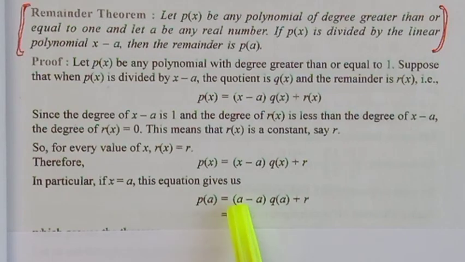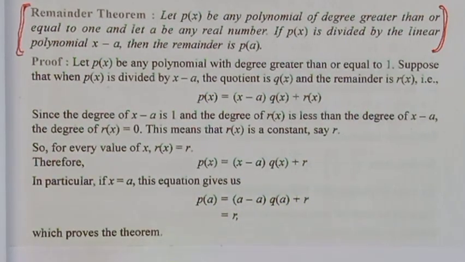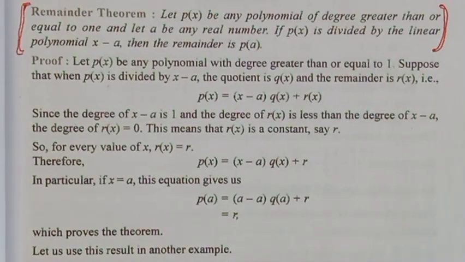A minus a cancels, so it will be equal to 0. So 0 multiplied by q of a, that is also 0, vanishes. So p of a is equal to r. This proves the theorem. Let us use these results in another example.